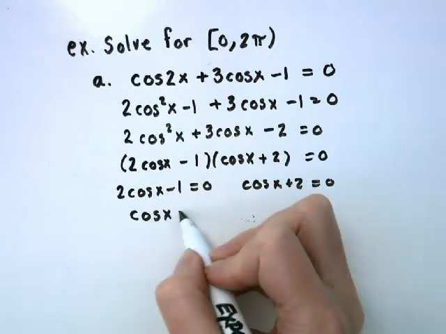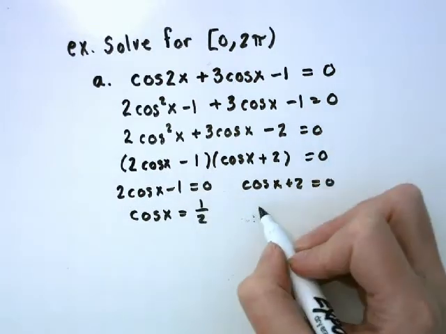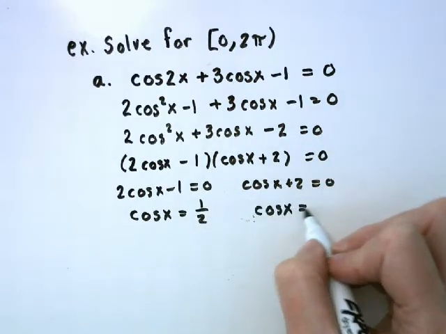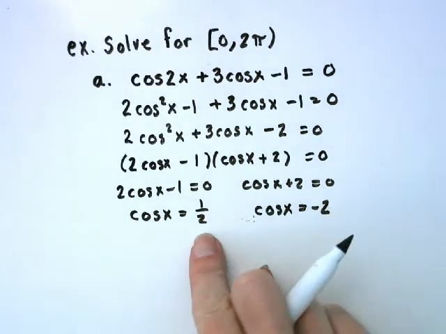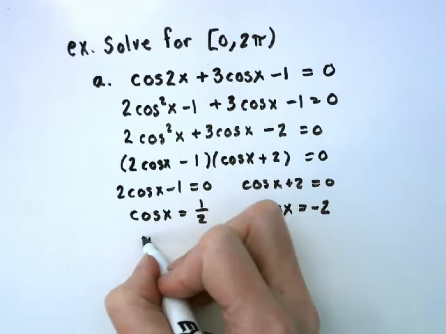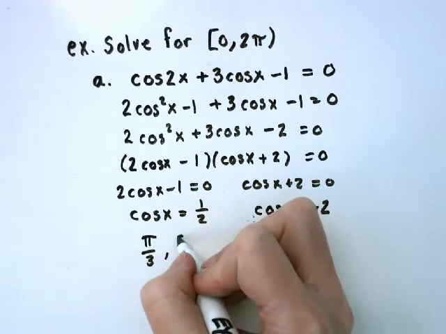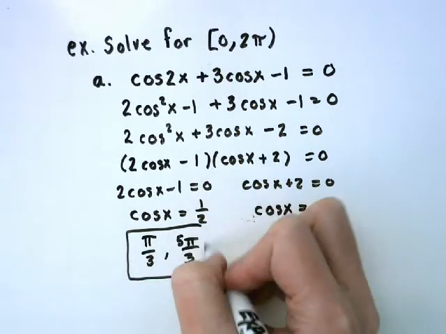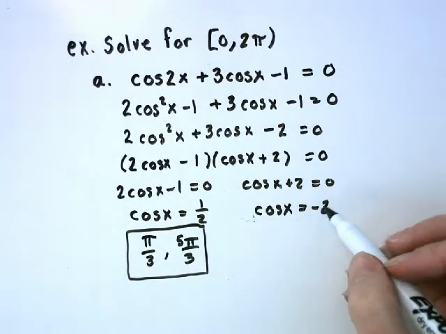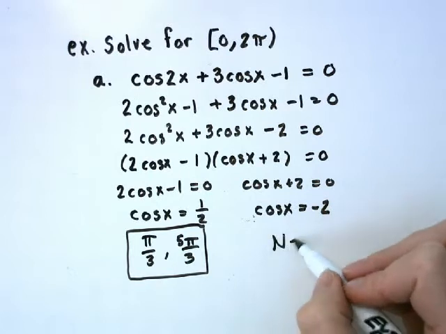So either cosine of x equals 1/2, or cosine of x equals negative 2. Cosine is going to equal positive 1/2 at pi over 3 and 5 pi over 3. Cosine is going to equal negative 2 never.